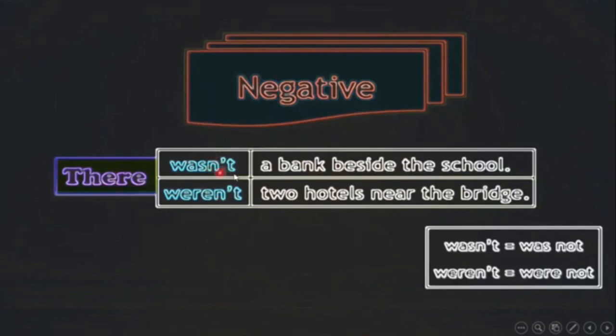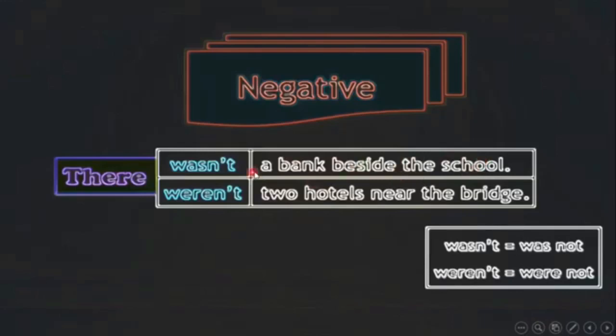Wasn't equals was not. Weren't equals were not. There wasn't a bank beside the school.